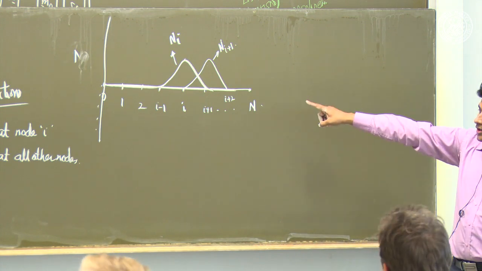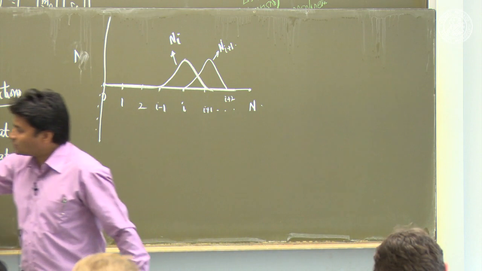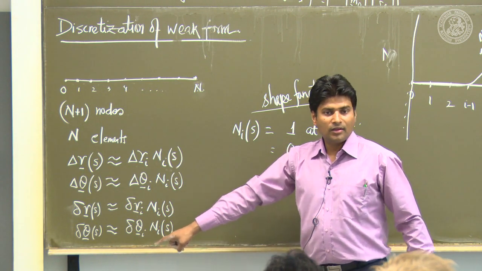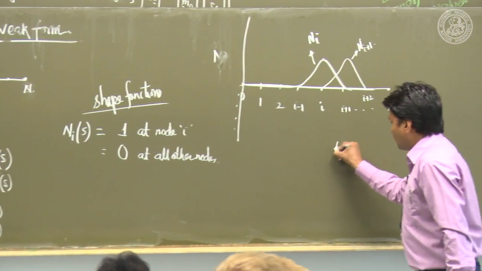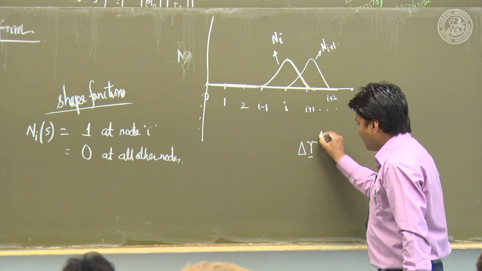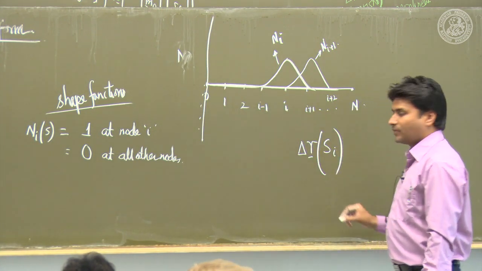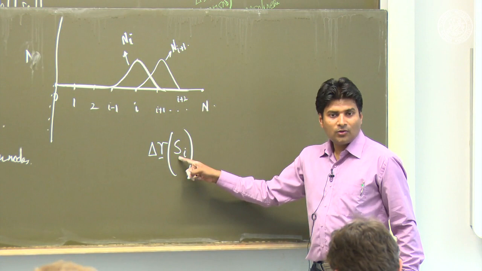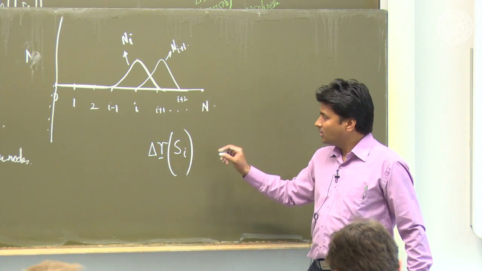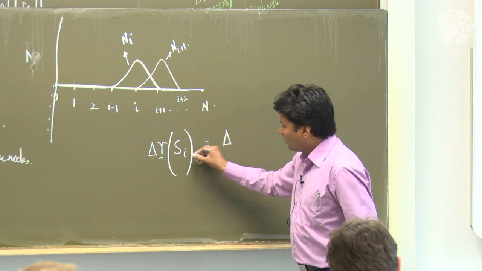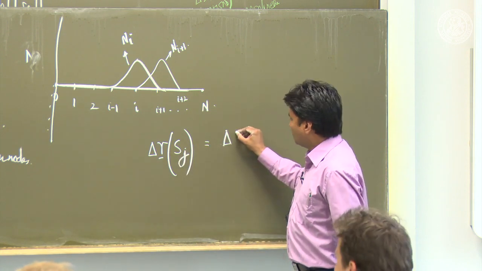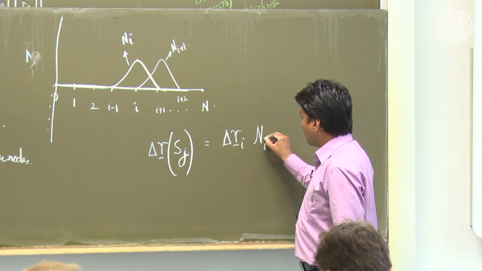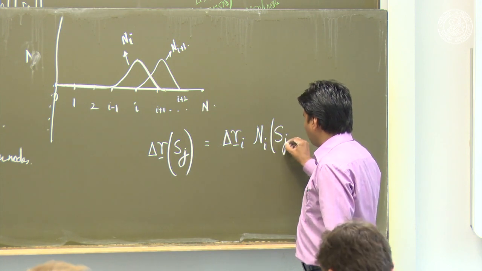So, with that as your shape function, can you see what is the meaning of delta r_i, delta theta_i, del r_i, del theta_i? Just evaluate, for example, delta r at s_j, the node j. That is delta r_i N_i of s_j.